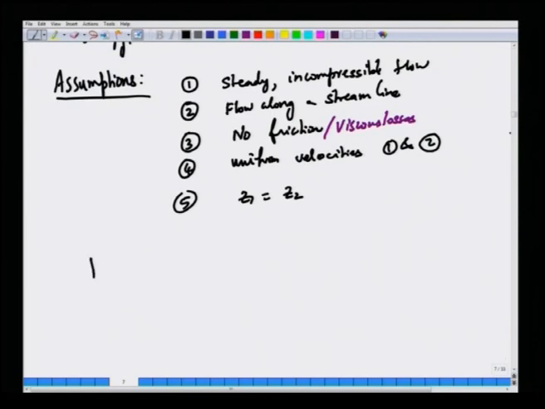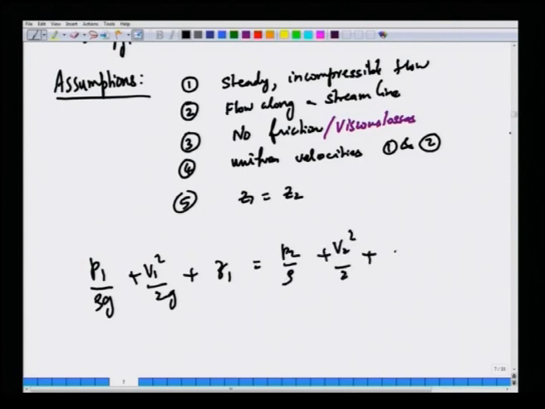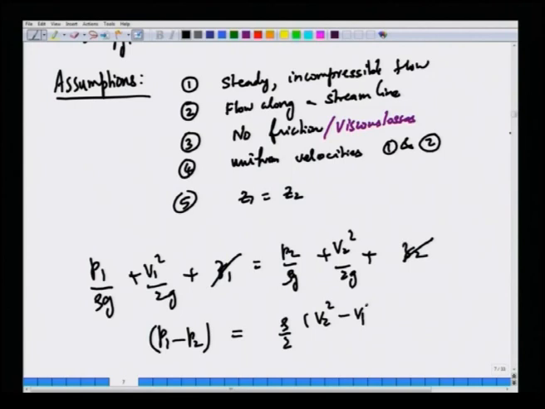So, if you use the Bernoulli equation, P1 by rho plus V1 squared by 2 plus g Z1 is P2 by rho plus V2 squared by 2 plus g Z2. Z1 is approximately equal to Z2. Okay. So, P1 minus P2 becomes rho by 2 times (V2 squared minus V1 squared).